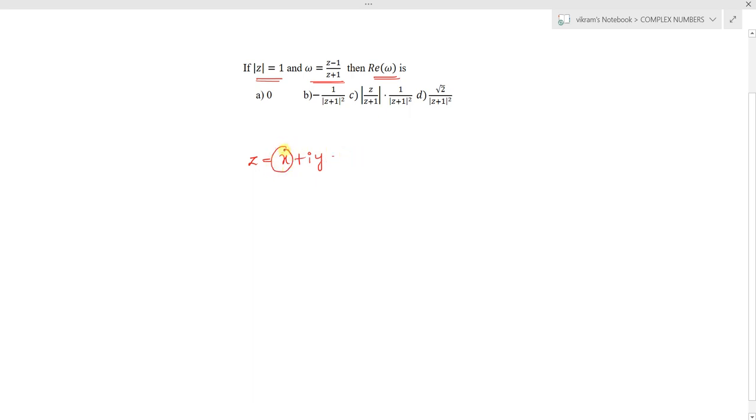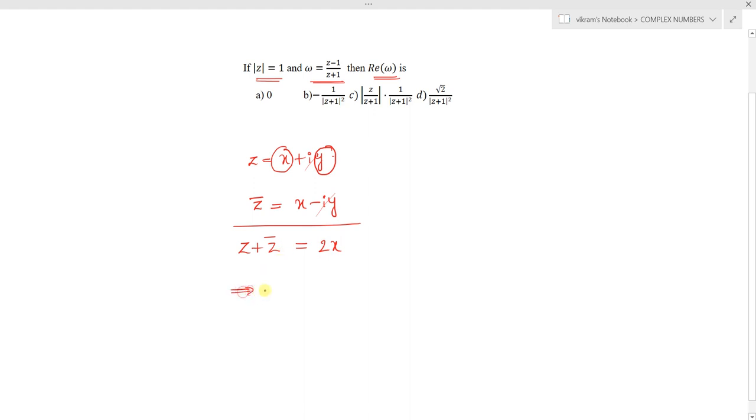where the real part of the complex number is x and the imaginary part of the complex number is y, then we can write z conjugate as x minus iy. If we add these two, z and z conjugate, we obtain z plus z conjugate equals, plus iy minus iy will cancel out, 2x.